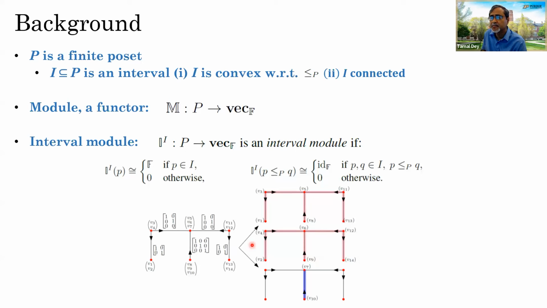All the internal morphisms for the interval module are identity. So it's basically the generalization of the interval module, as we know, even for 1-parameter persistence.